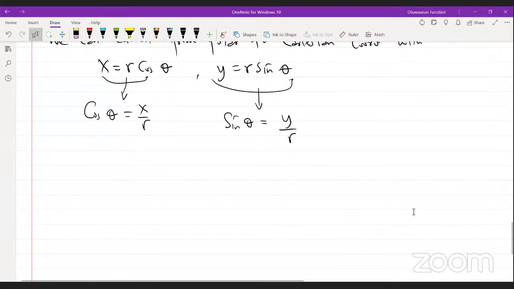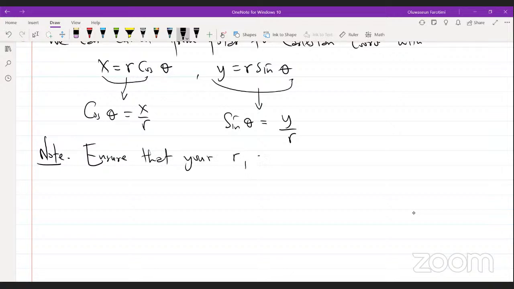Now, there's an important thing to take note of, guys, when you do this conversion. They really must lie in the same quadrant. So let me write that so that you guys can take notes. You've got to ensure that your r, which is the distance, and theta produce a point in the correct quadrant.